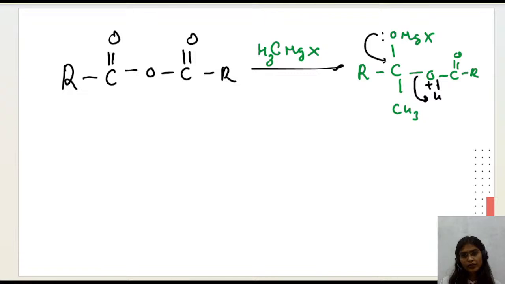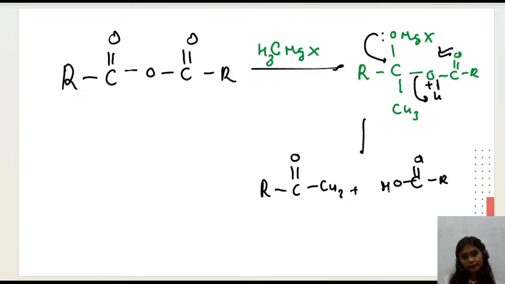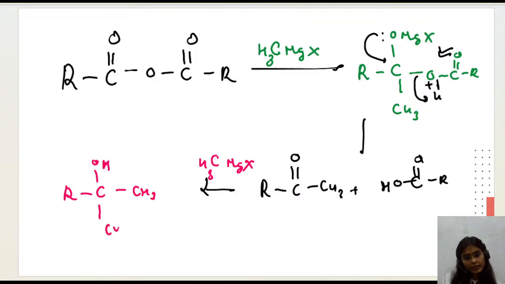And again, this lone pair here, what we are getting is R, double bond O, and a CH3. And this side you will have acid. This is acid formation already taking place, like this is RCOOH. Then further, if you add the same R MgX there, let's suppose you're using CH3 MgX, what we get again is R C OH, with CH3 and CH3. This is the final product from the anhydride.